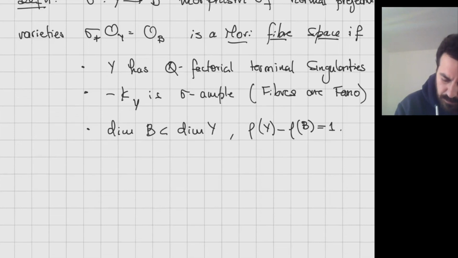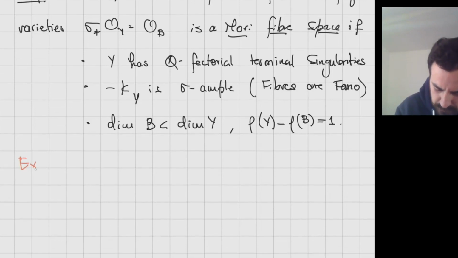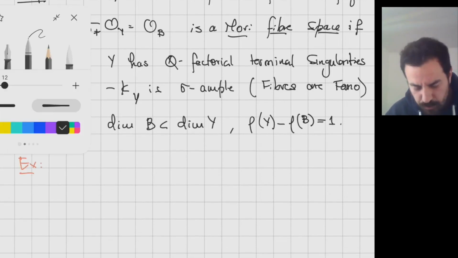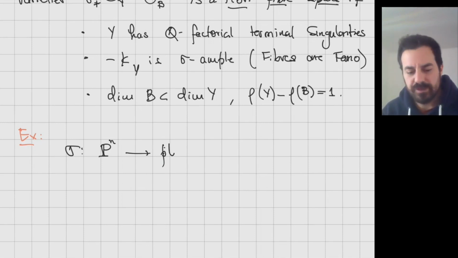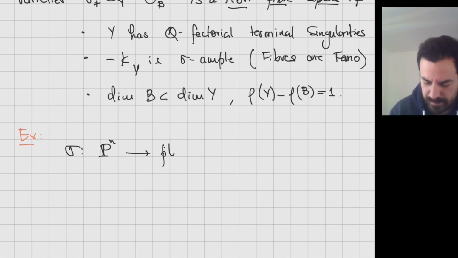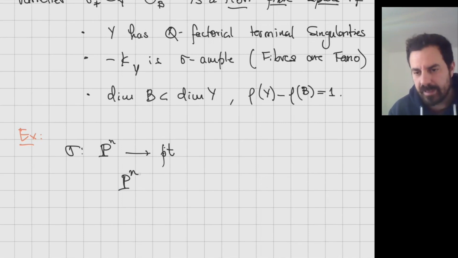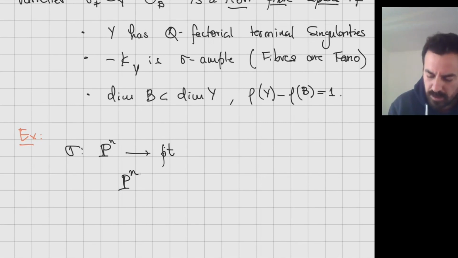So let me give you some examples. We've already seen some, but okay. You take sigma to be P^n fibered over a point. This is kind of a trivial example. We just look at this Mori fiber space as, just call it P^n. So obviously it has Picard rank 1.